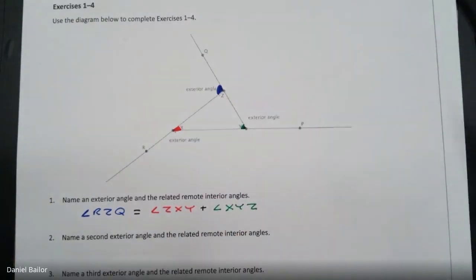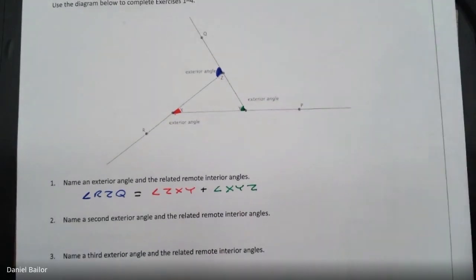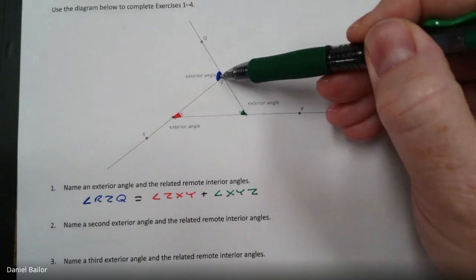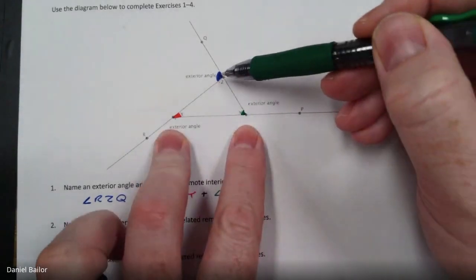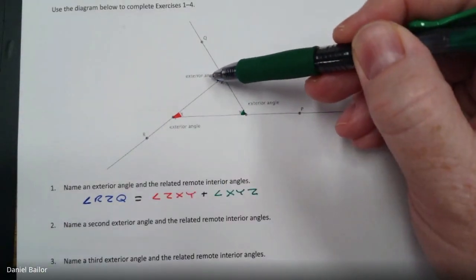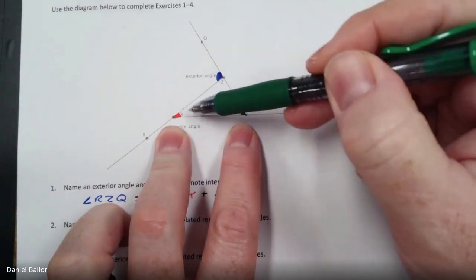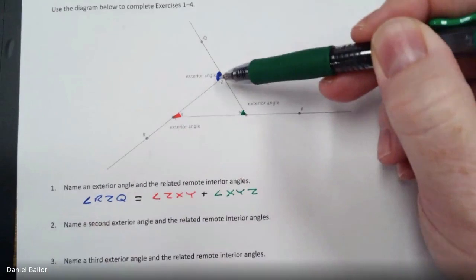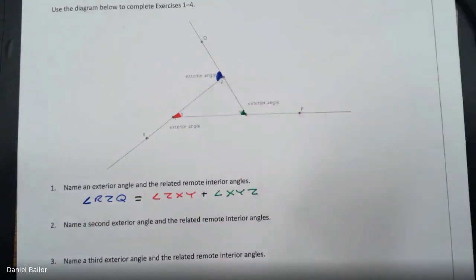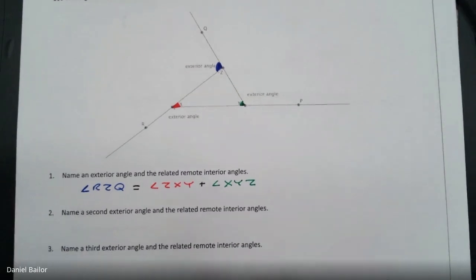So you should be able to see, hopefully you saw it yesterday, that the pattern shows you this blue exterior angle equals the two interior angles that are far away from it. Hopefully you see that. That's the first one we're going to talk about.